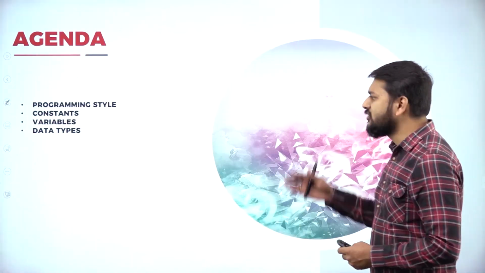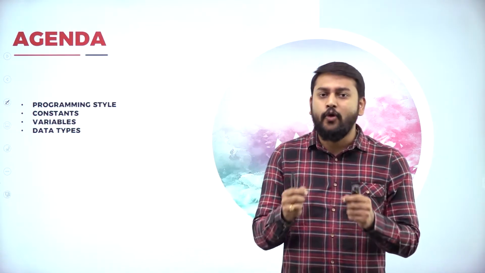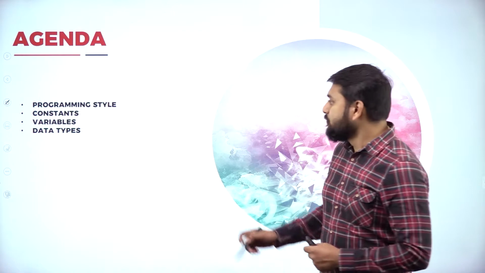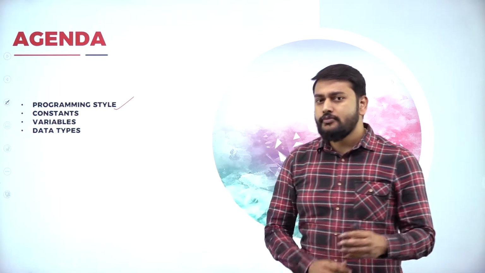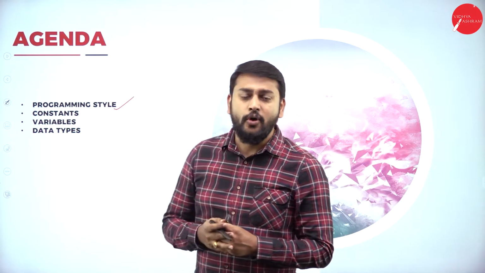Let's check what I am going to discuss in today's session. I will be discussing the programming style, so what exactly I should follow if I am dealing with Java. That is what I will be calling a programming style. Then after that, I have something called constants, what exactly constants are all about, and what exactly variables are all about.